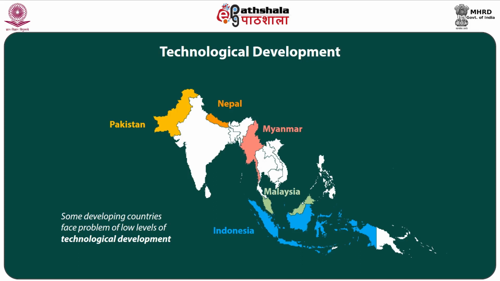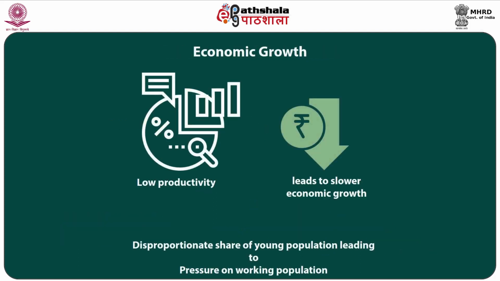All these countries have problems related to low levels of technological development and technology adoption. In view of this, the productivity is having very low levels of growth. So these need attention from the development point of view.